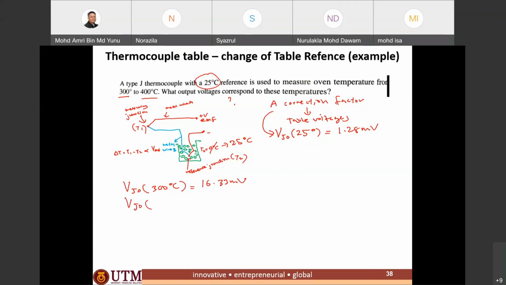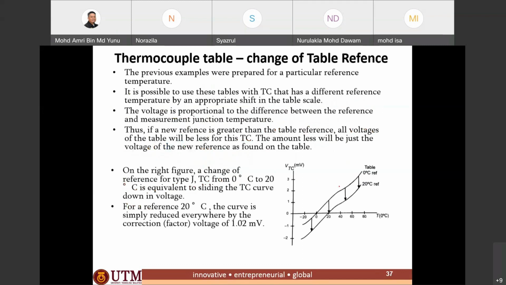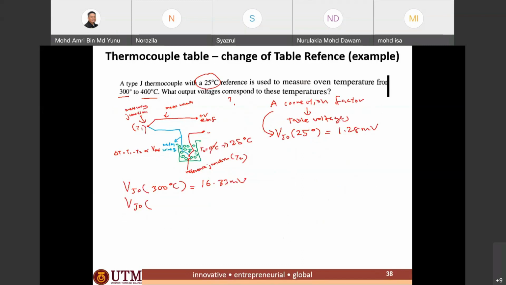So this is the correction factor. The reference value has increased from 0 to 25 degrees Celsius, isn't it?